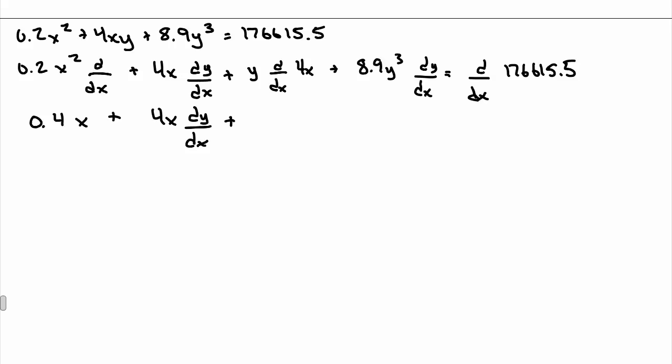Now we have y with respect to x, so the derivative of 4x is just 4. And then we take the derivative of y³ over here with respect to x. So that means 8.9 times 3, that would give us 27y² dy/dx, equals the derivative of a constant, which is just 0.